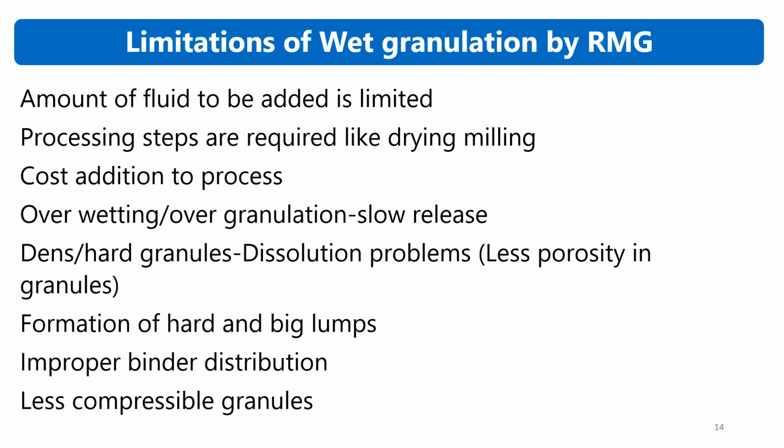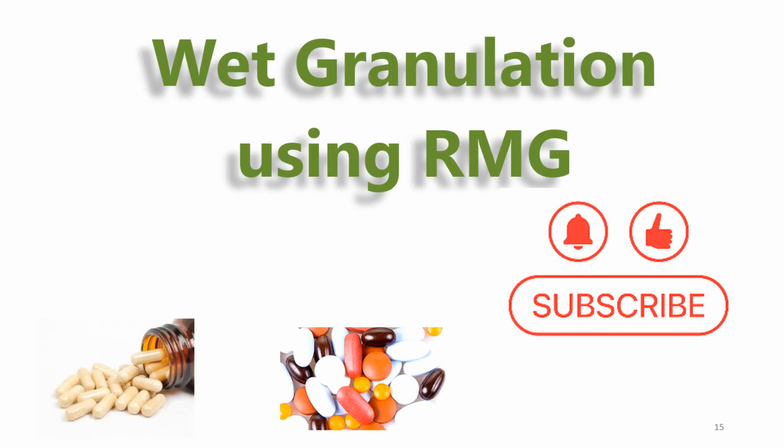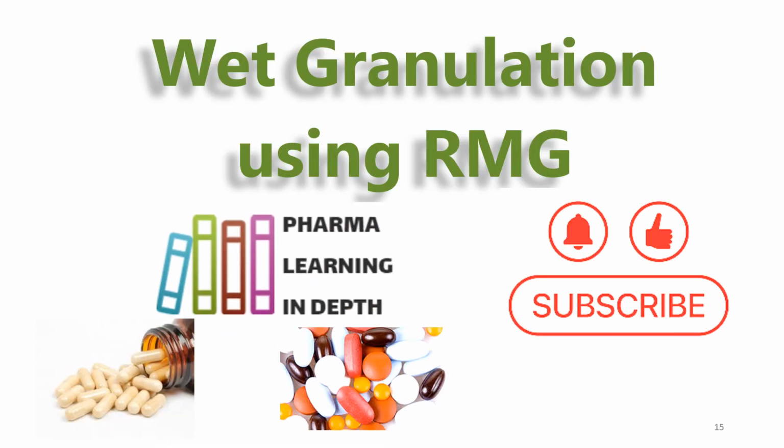If you correlate these things to top spray granulation, then in top spray granulation you will have porous granules and a rapid dissolution rate for tablets made with top spray granulation. So these are the things which are important to understand for wet granulation using RMG.